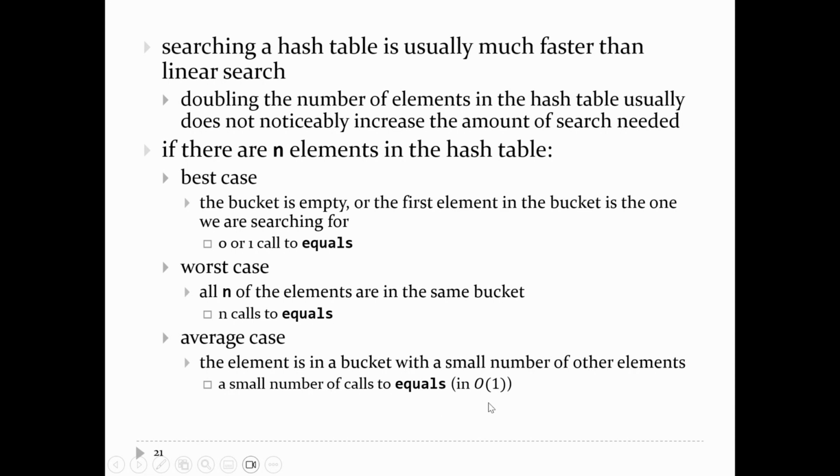And so if the number of elements in the bucket is not related to the number of elements in the table, then that's O(1) time. So the whole goal in designing a good hash table is to make a hash table where each bucket contains roughly the same number of elements, and the number of elements is small. And that gives you your O(1) complexity.